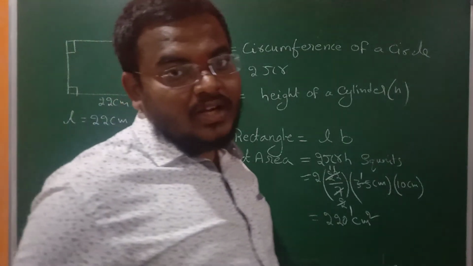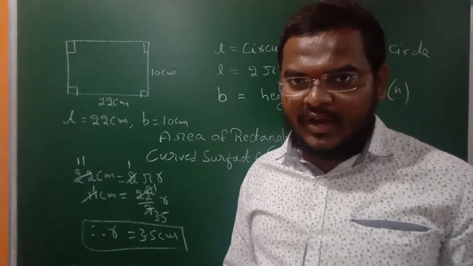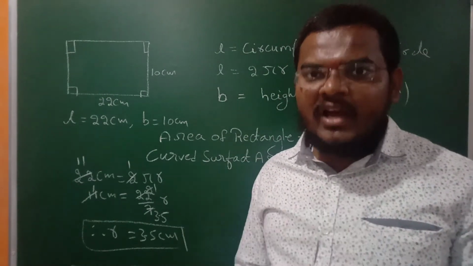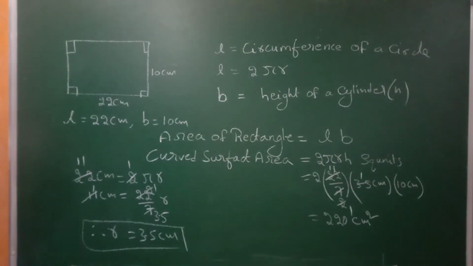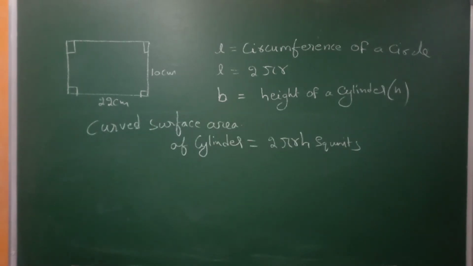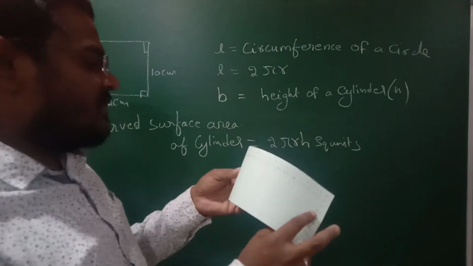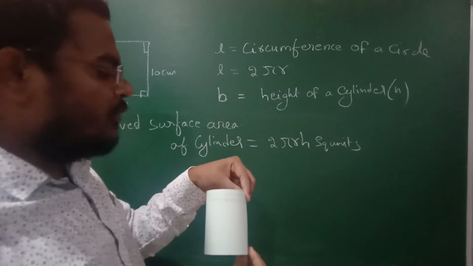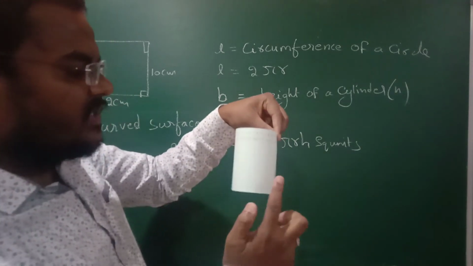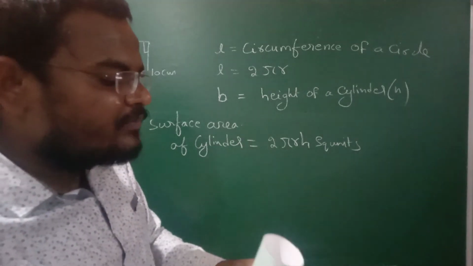So dear friends, now we discuss what the total surface area is. What is the total surface area of a cylinder? Let us calculate this one. So friends, now we can see here, in this cylinder, the curved surface area as well as the bases.